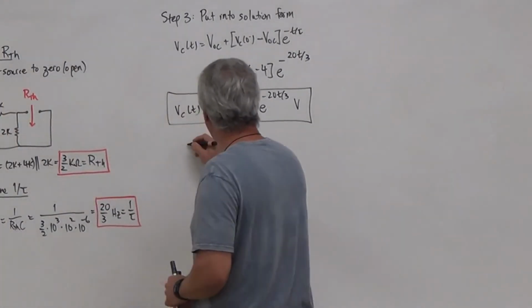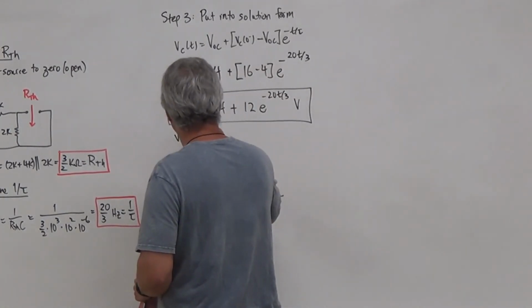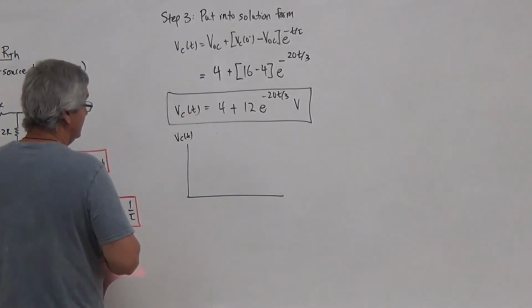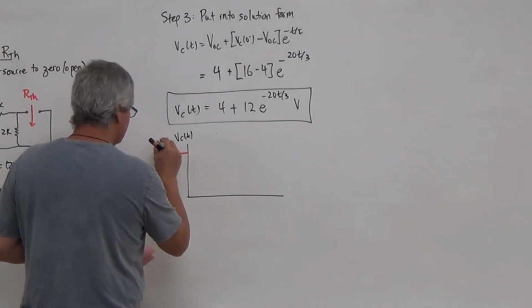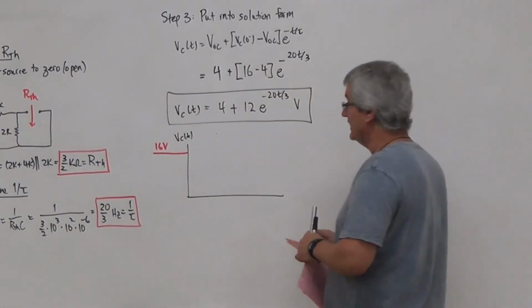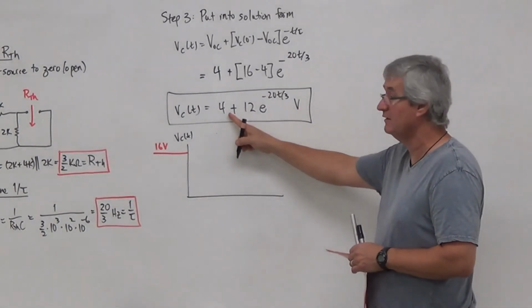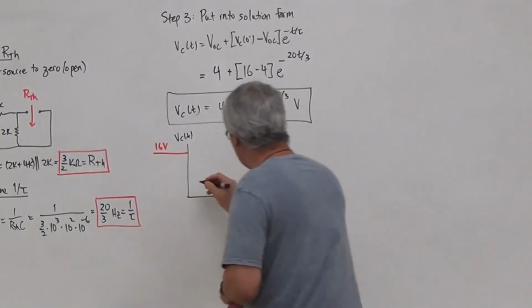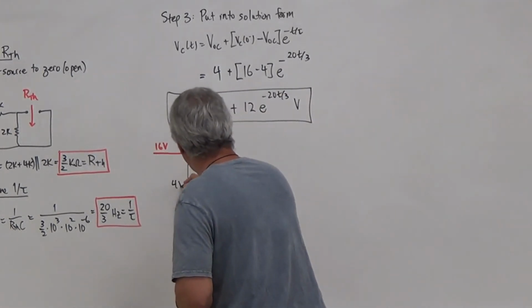If I was to draw this, you can see it comes in at 16 volts, and then it decays. As t goes to infinity, this decays down to 4 volts. If I look at this line right here, this would be my 4 volt line.